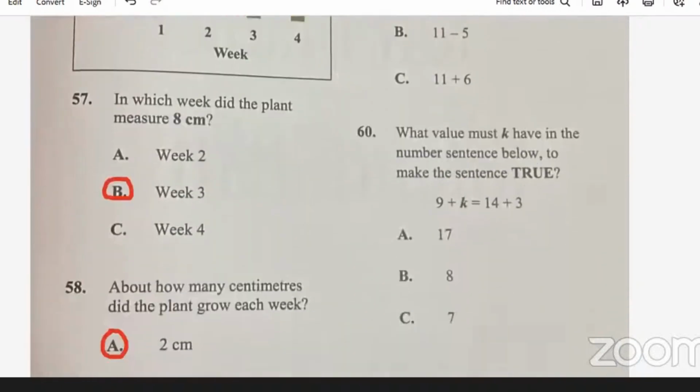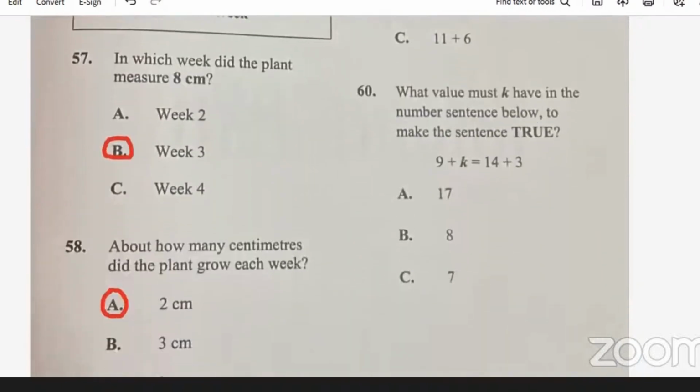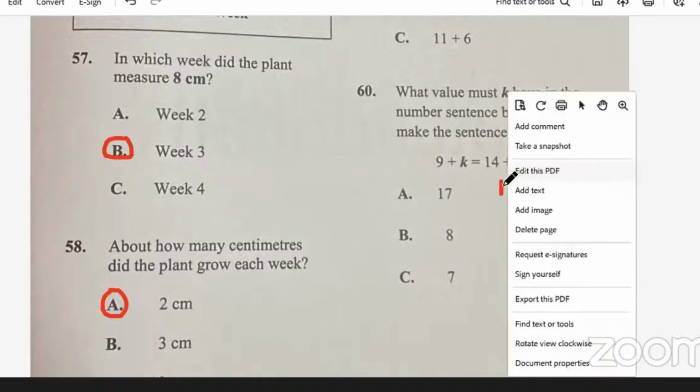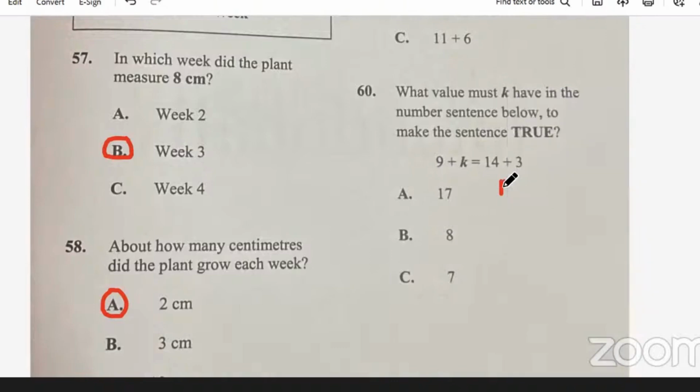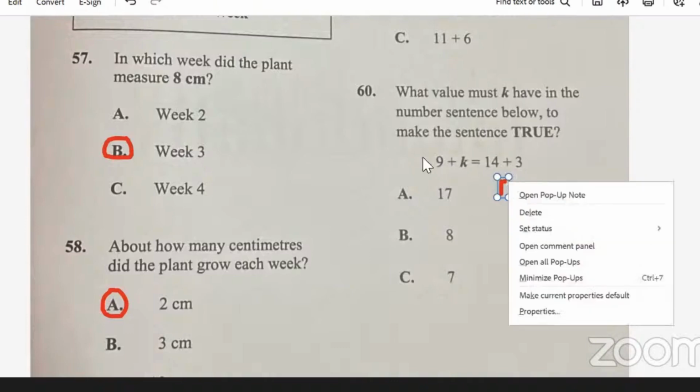All right, and then question 60, final question. What value must K have in the number sentence below to make the sentence true? 9 plus K is equal to 14 plus 3. 14 plus 3 is 17.